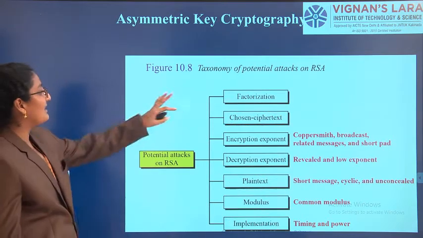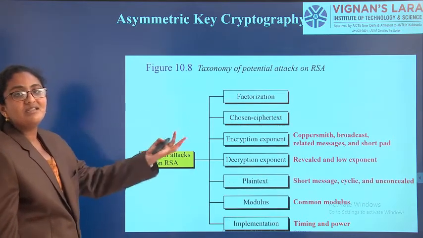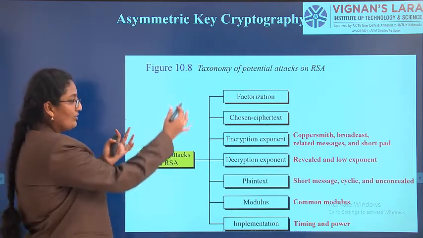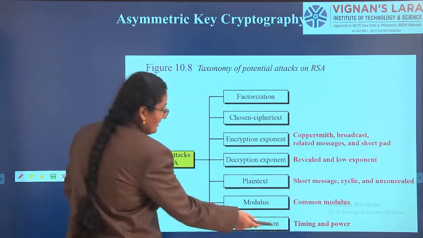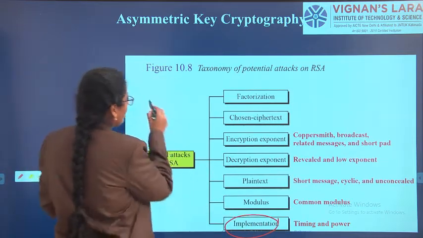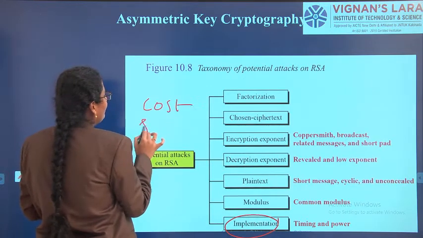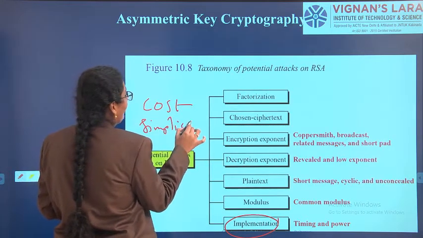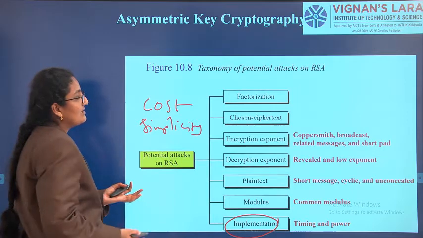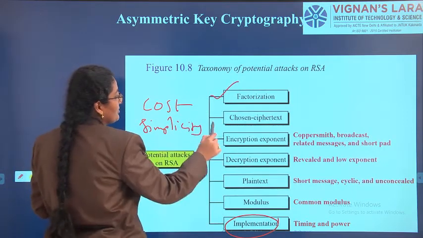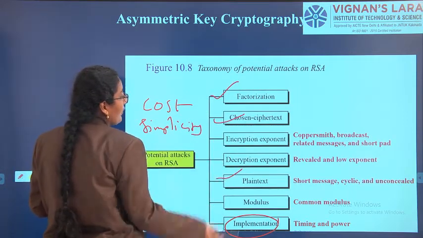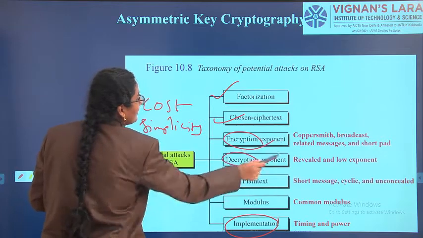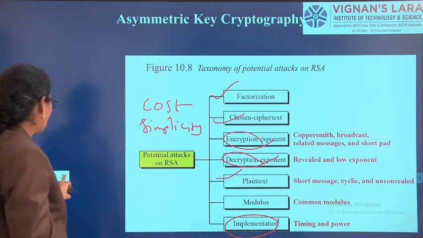Just remember the names of attacks. In the next class, we are going to automatically learn what these attacks mean. Do we have a cost problem, do we have a simplicity problem, or what are these attacks: what is factorization, what is chosen ciphertext, what is chosen plain text, what is encryption exponent and decryption exponent, we'll see next.